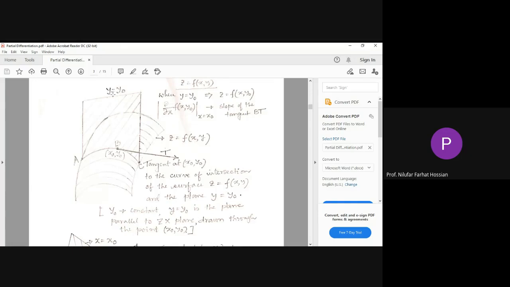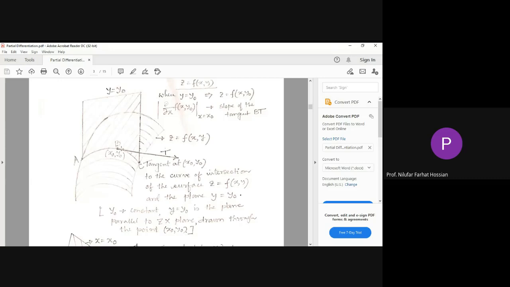All the points on this curve lie on this plane and also on this surface, and at every point on this curve y equal to y naught is a constant.